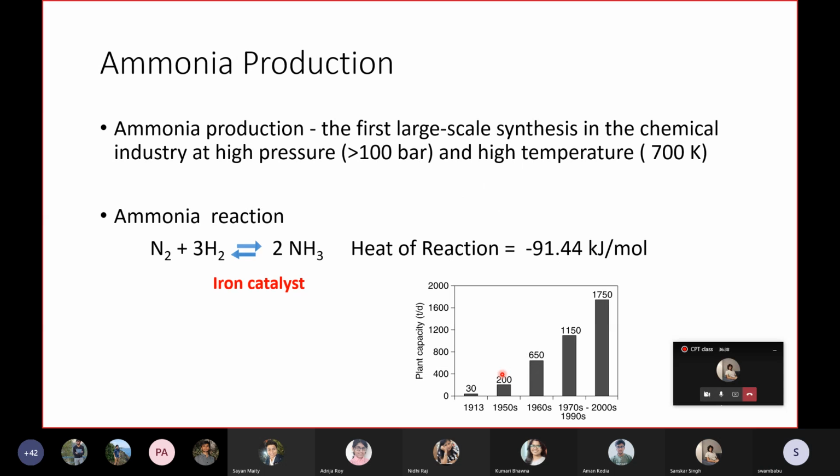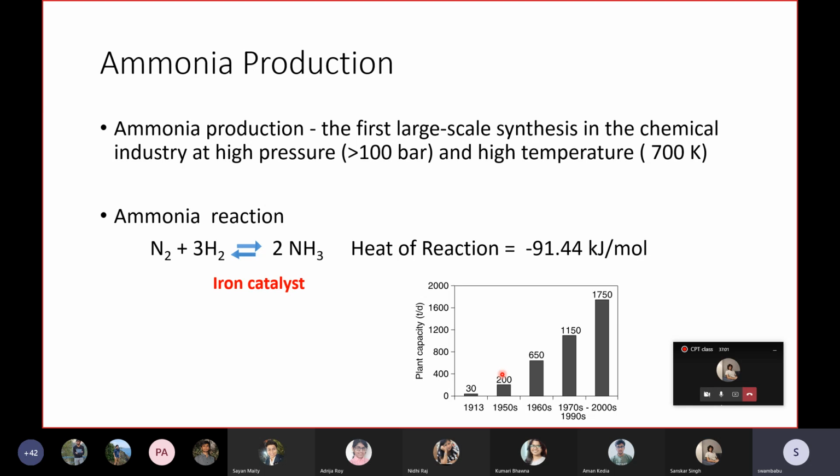Whenever we take a reaction, before we go to a process plant or industry and how it operates, we need to look into two things immediately: what is the thermodynamics of that reaction and what is the kinetics of that reaction.